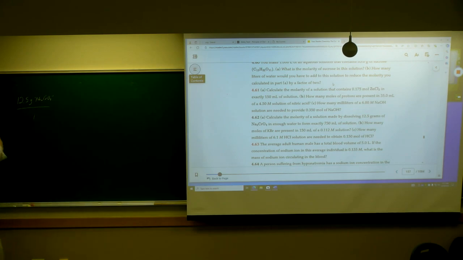But since it mentions grams, we need the molar mass: 22.99 for sodium, CrO4. And what is chromium?